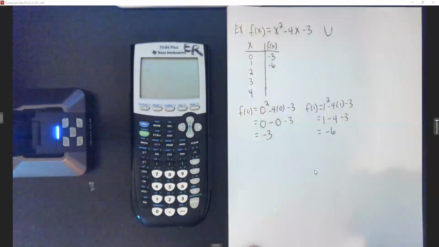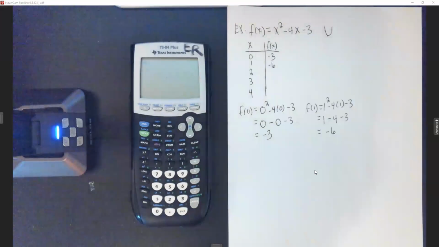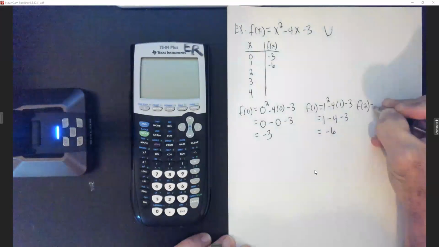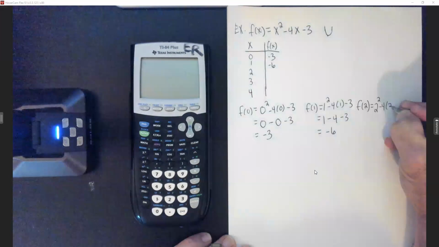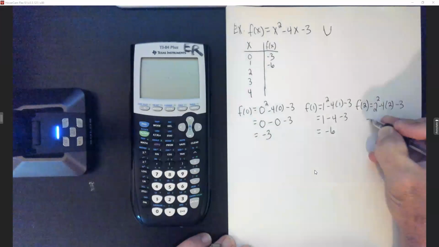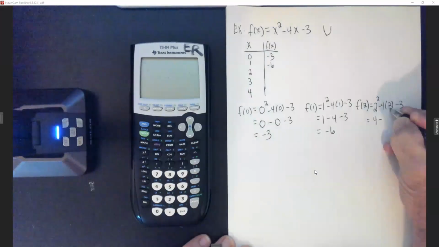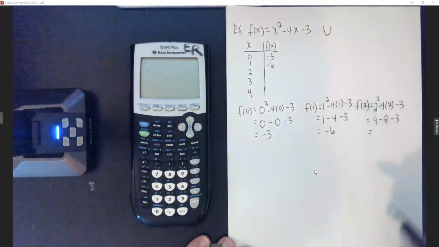Remember, you could plot that in your y equals and get all these values off that table, okay? All right, f of 2 will be 2 squared minus 4 times 2 minus 3. 2 squared, 2 times 2 is 4, minus 4 times 2 is 8, minus 3. All right, let's see what we get. 4 minus 8 is negative 4, and negative 4 minus 3 is negative 7.